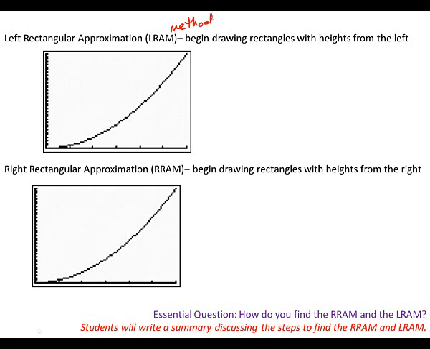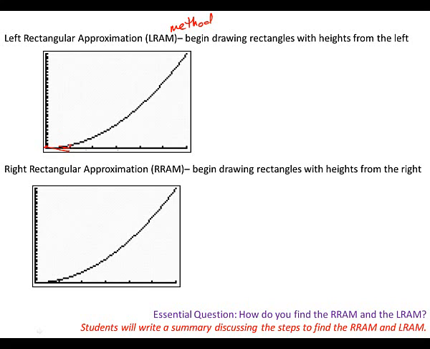What we really want to do is have a method to draw the rectangles. So if we're going to come from the left, we start over here. We start from the left side, and I draw a rectangle. Let's say I'm going to split this into, there's 1, 2, 3, 4, 5, 6 dots there, right? It's good to practice drawing on this, because you want to be able to draw them correctly. So you've got to practice with me. My first height is at 0, and it goes over to this dot.